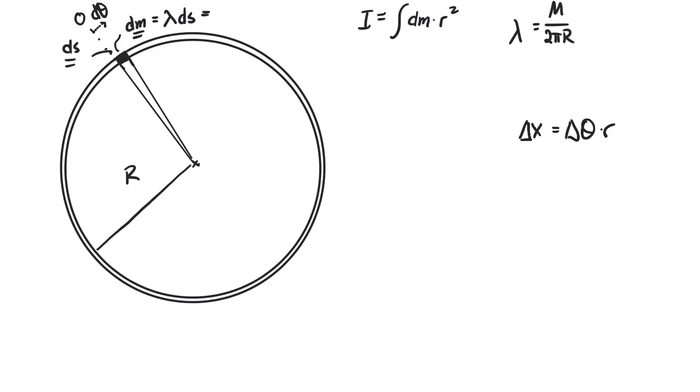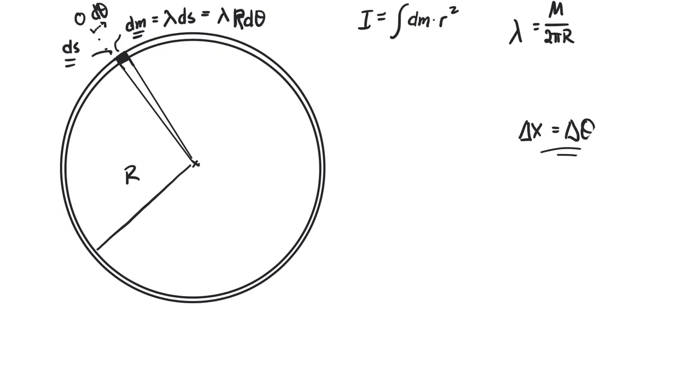Do you remember that from a couple weeks ago? It tells me how far a point on the edge of a circle goes if I know how much angle is swept out. So using this analogy, I can say that ds is r d theta, or in the case of this problem, capital R d theta.